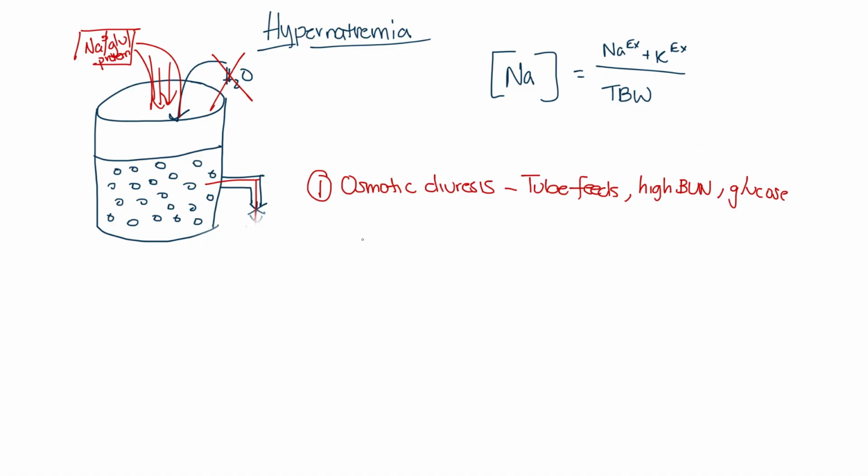The second etiology we're going to talk about is salt diuresis. Now, this is a really uncommon one, but this is the idea that a person is getting a lot of salt and losing a lot of salt in their urine. And when they lose the salt in the urine, salt is an effective osmol in the urine, and so it drags out water. This is a really uncommon one.